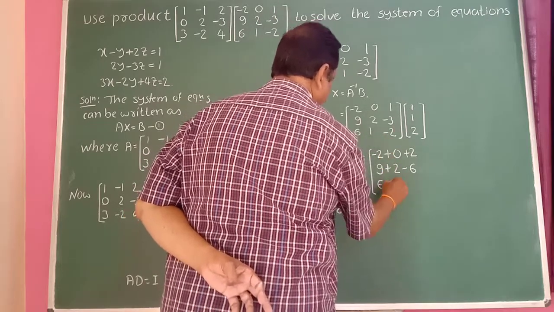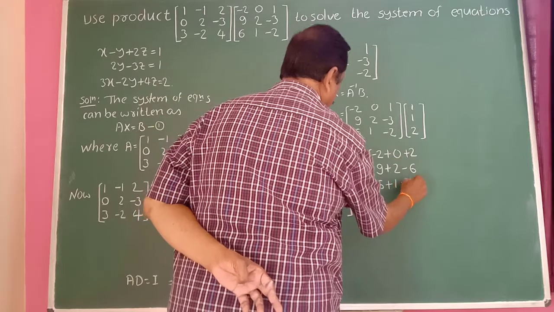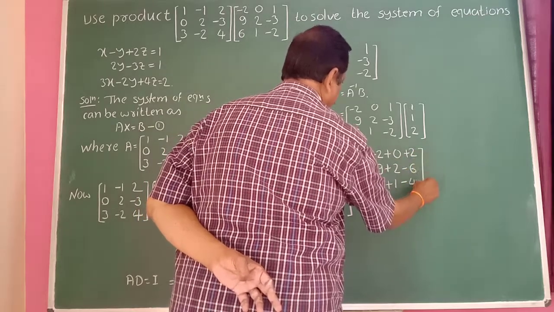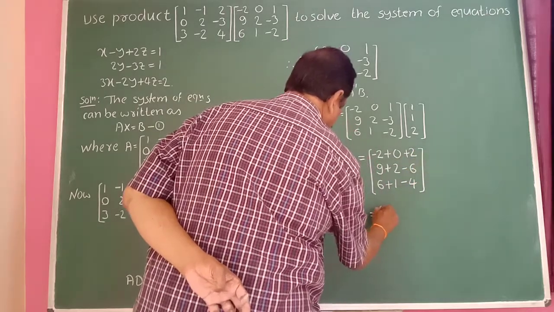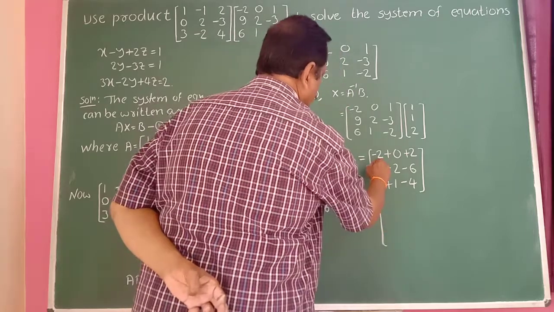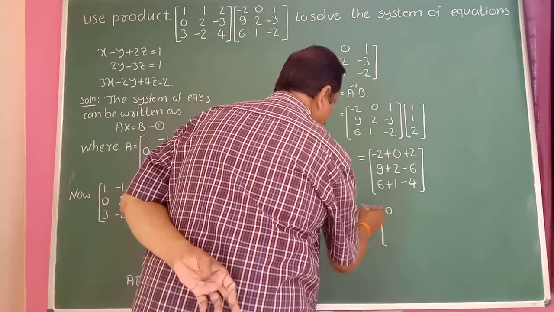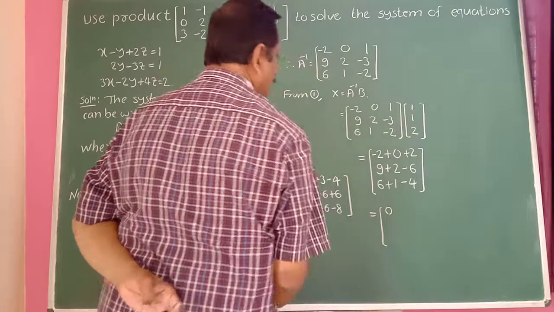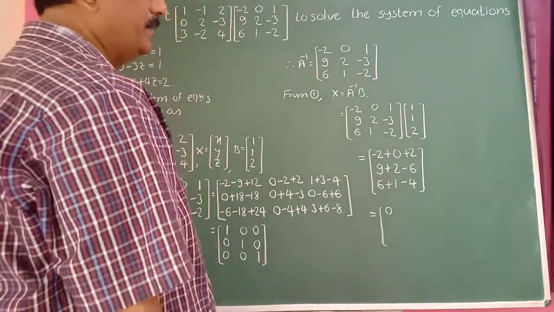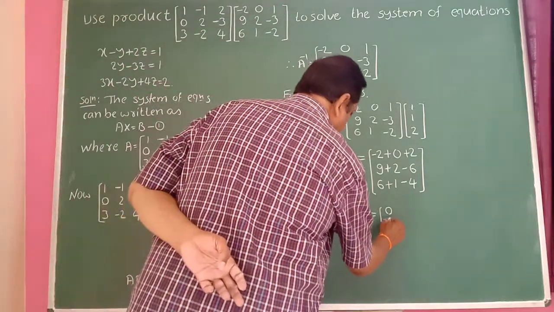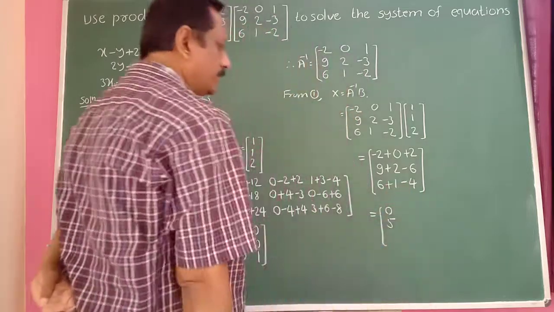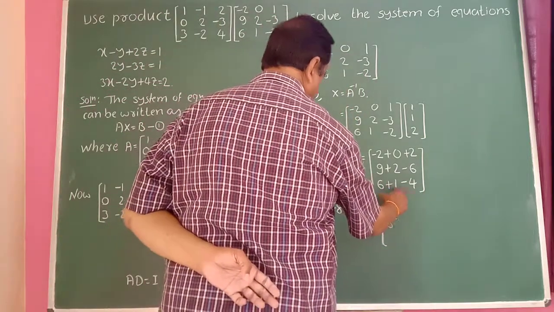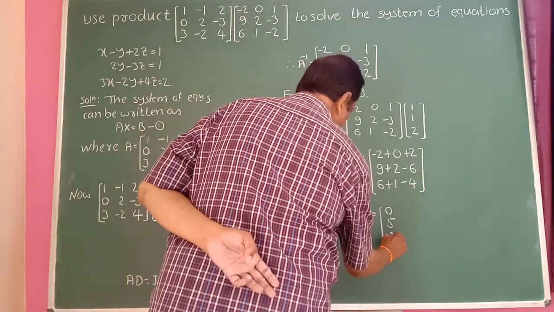And 1 into 1 becomes 1 here. 2 2s are 4, minus of 4 here. Therefore this equal to minus 2 plus 2 becomes 0 here. 9 plus 2, 11. 11 minus 6 gives us 5. Then 6 plus 1 is 7. 7 minus 4 becomes 3. It is a 3.